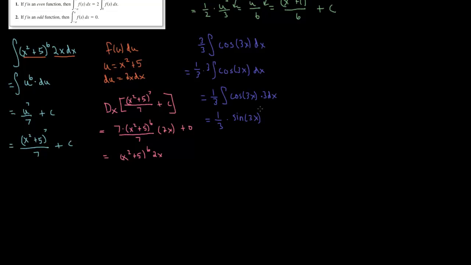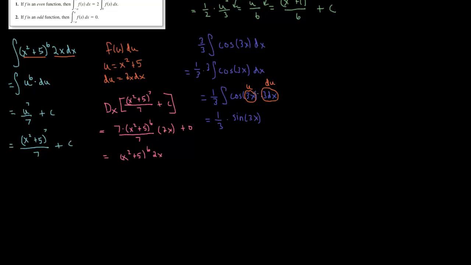Now, why did I do that without actually changing over to u's? Because I know if this is u, then this is du. So I'm seeing in my head, all right, I have cosine of u du. What is the antiderivative of cosine u?